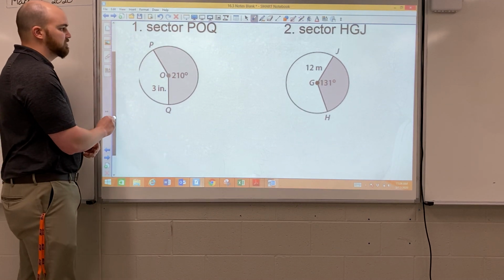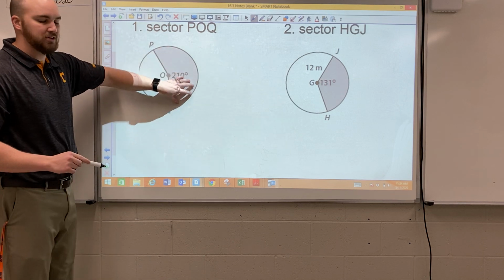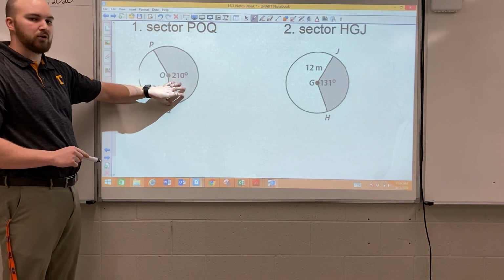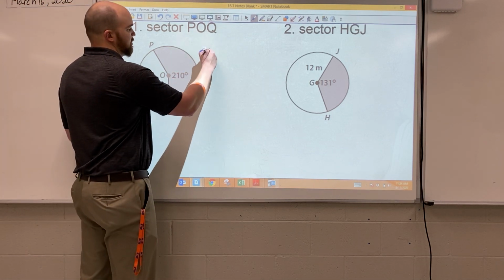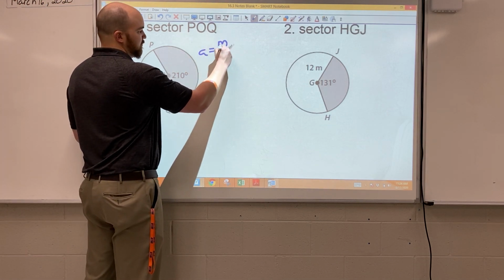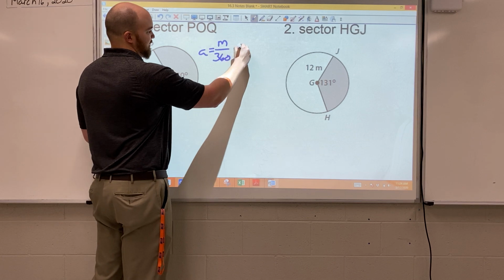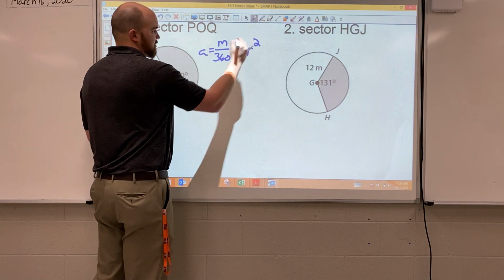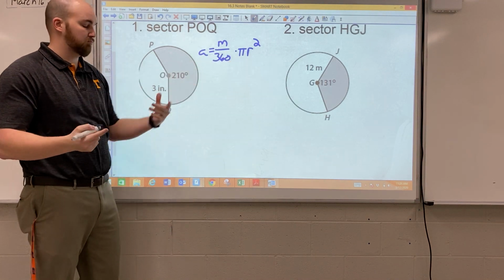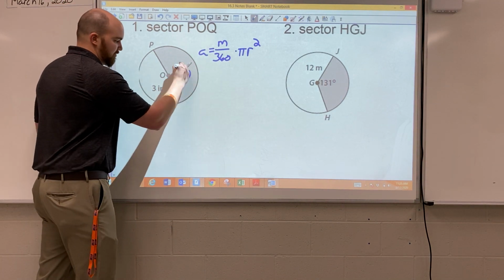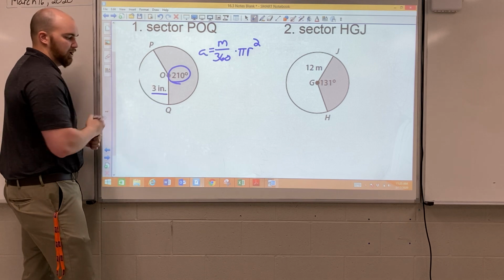All right, so for our first example here, I have the shaded sector that we want to find the area of. Okay, we said we needed two things. So our formula for this was M over 360 times pi times radius squared. We need the measure and we need the radius. Well, lucky for us, we have the measure of this angle and we have the radius.